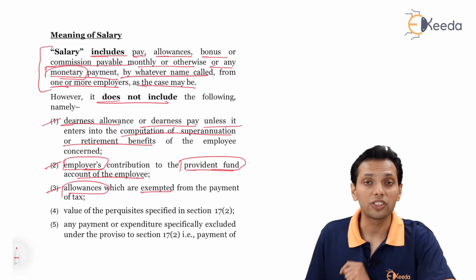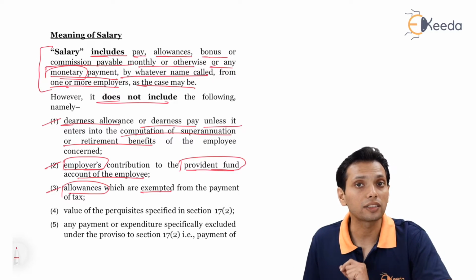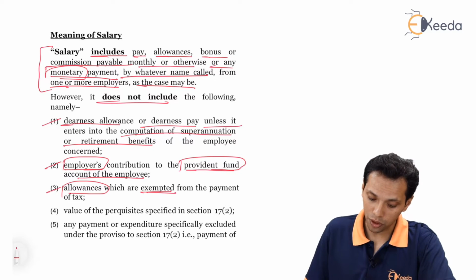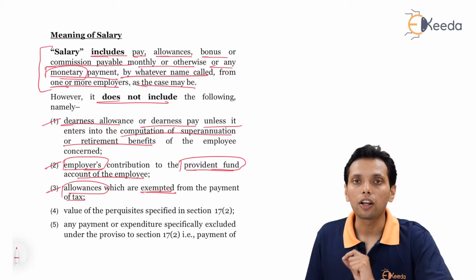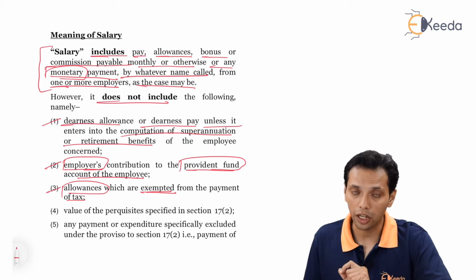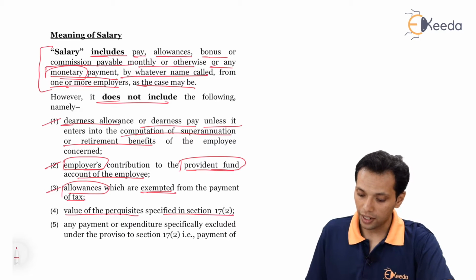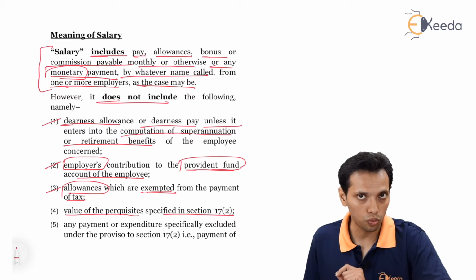Those amounts which are specifically exempt under section 10, allowances which are specifically exempted from the payment of tax, are not to be included. Fourth, value of perquisites specified in section 17(2).